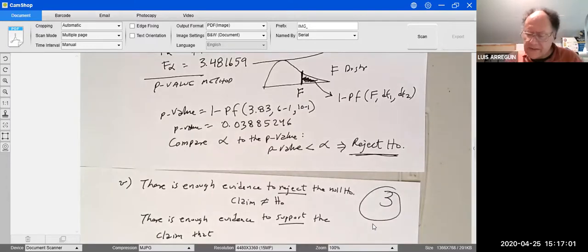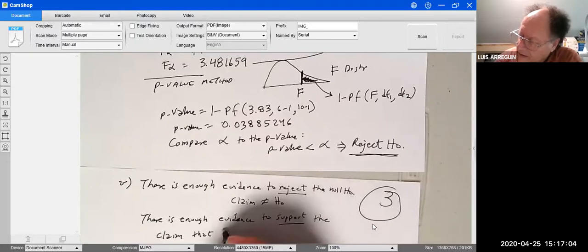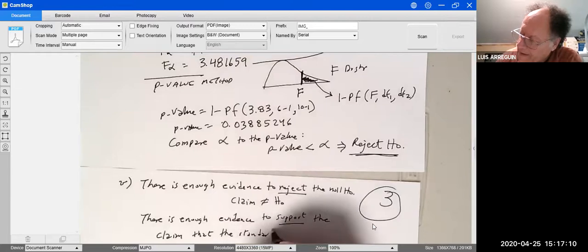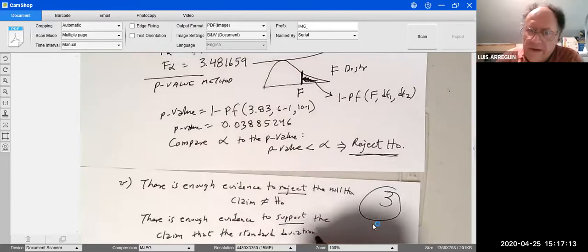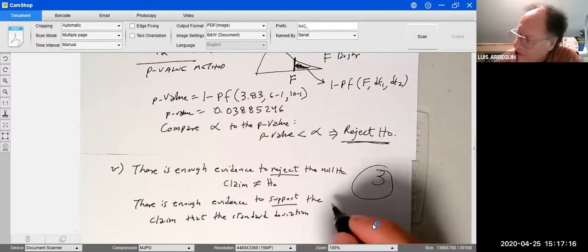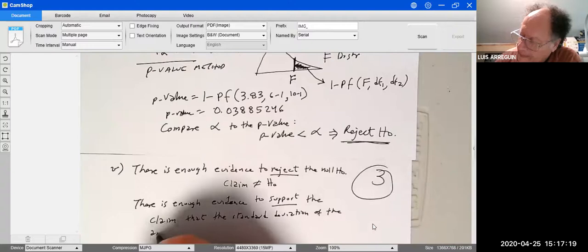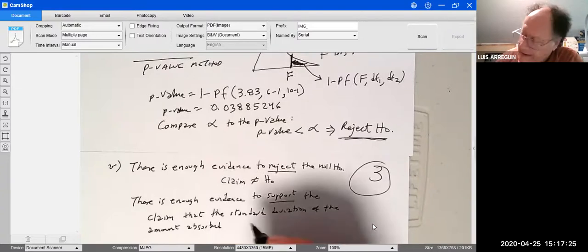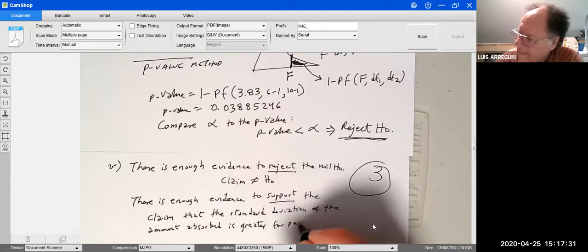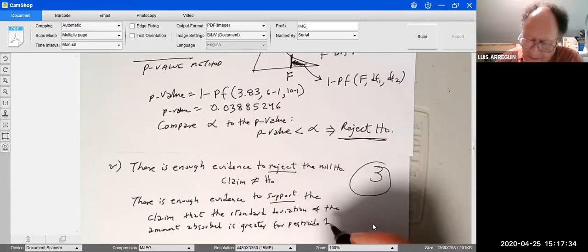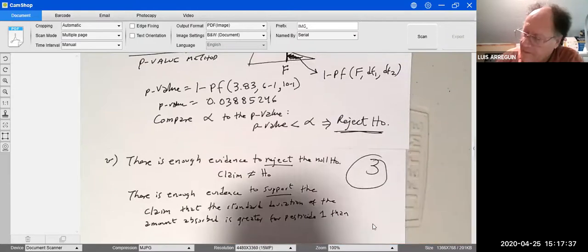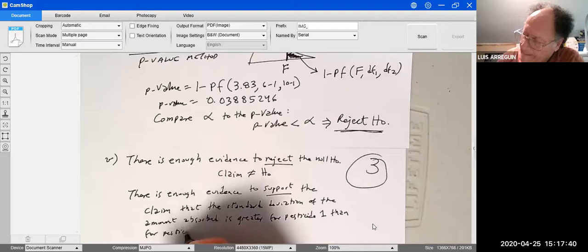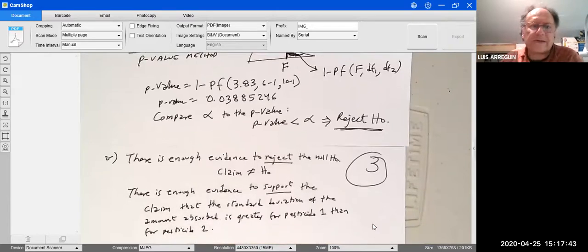The claim is that, and you write everything, the standard deviation of the amount absorbed is greater for pesticide 1 than for pesticide 2. So that's the final conclusion.